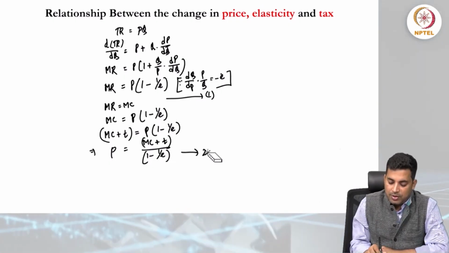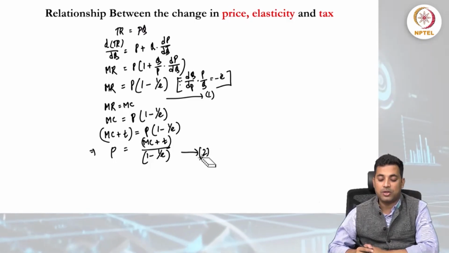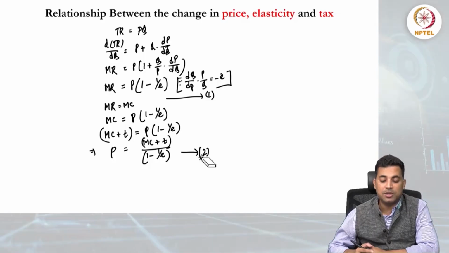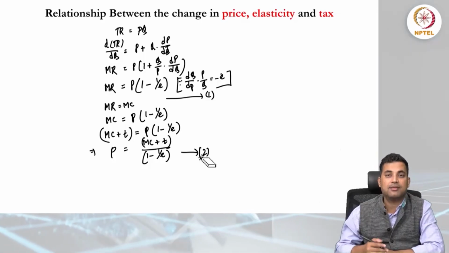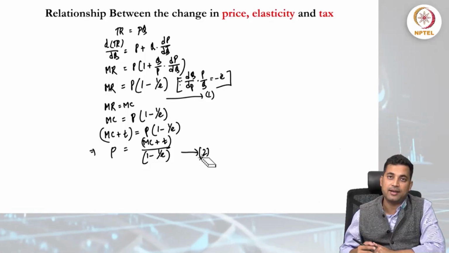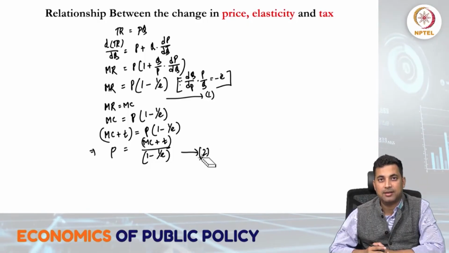This is equation 2, and it shows the relationship between price, elasticity and tax in the case of tax incidence, and that is how it helps us to calculate the tax burden.